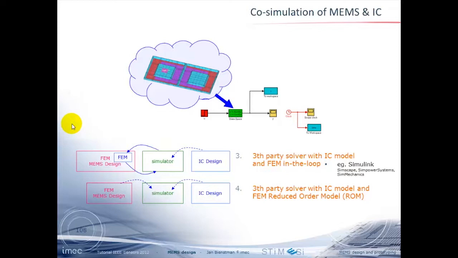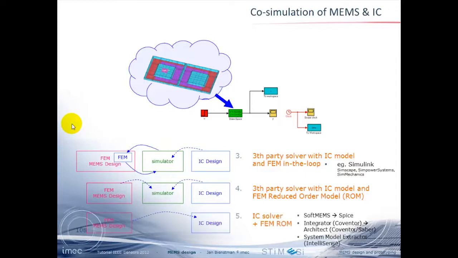And then, following the same methodology, I can have some equivalent electronics and something which fits into Simulink, and I can do co-simulation. Of course, this was a flow path adopted by the typical MEMS software vendors. SoftMEMS provides a tool that generates equivalent SPICE models from the ANSYS models.